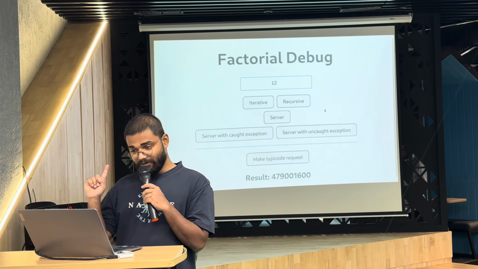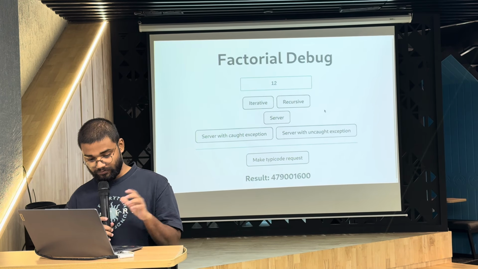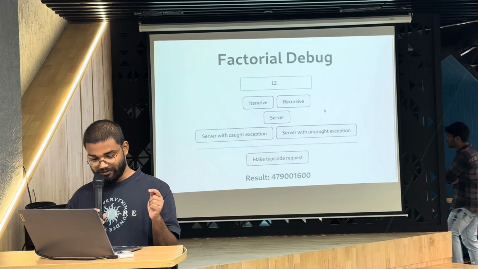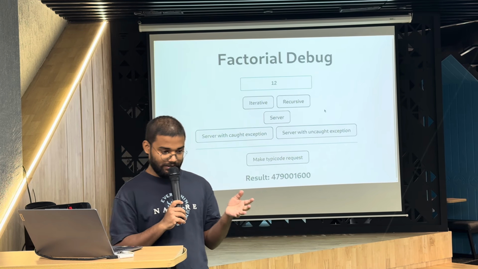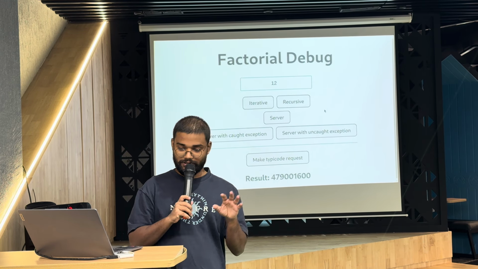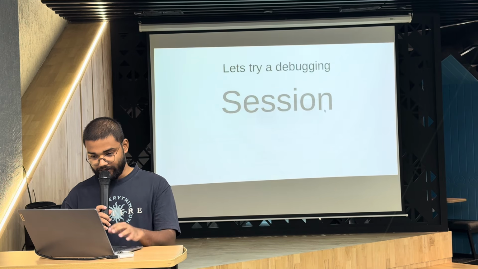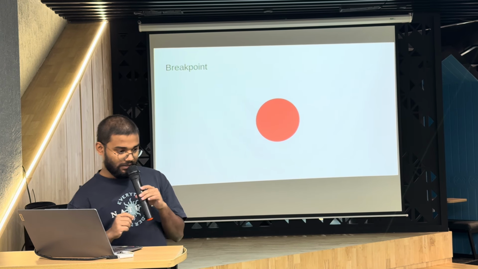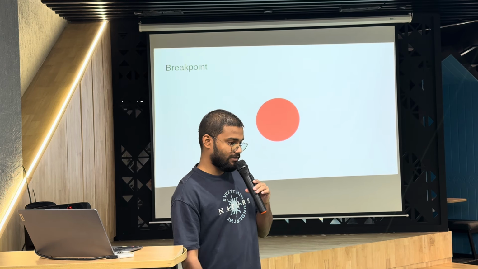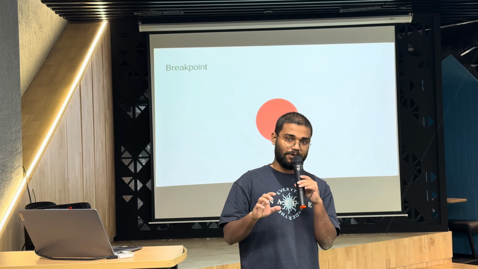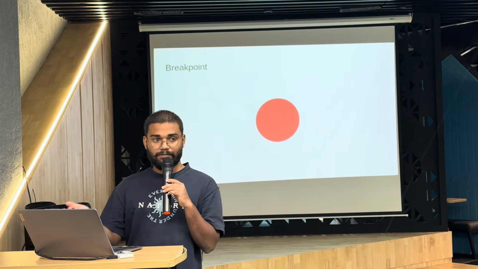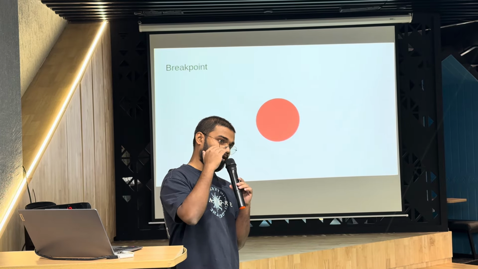So we'll be debugging this, but how do you debug something? We need to pause the execution, and that's where a breakpoint comes in. A breakpoint is like a marker in your code base where you want the execution to pause, and it's called a breakpoint because it interrupts the normal execution flow.